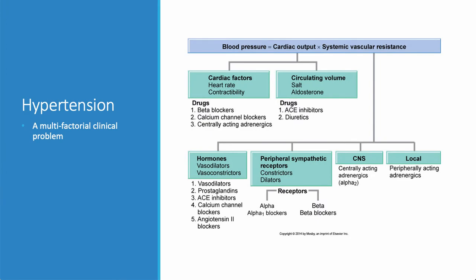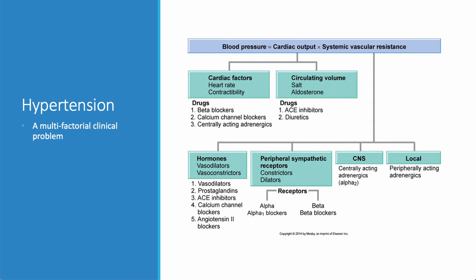So blood pressure has a whole bunch of different factors that influence it, right? There's the cardiac factors like the heart rate and the contractility. There's the circulating volume that goes into it, salt, aldosterone, etc. There's hormones like vasodilators and vasoconstrictors that contribute to this.